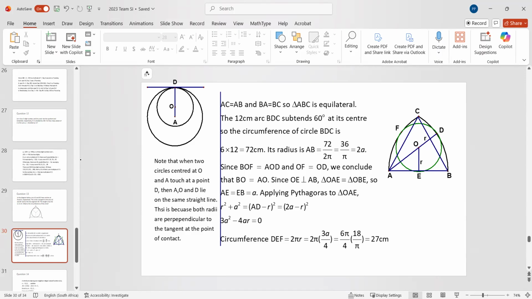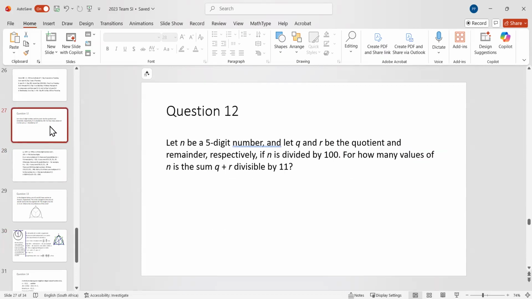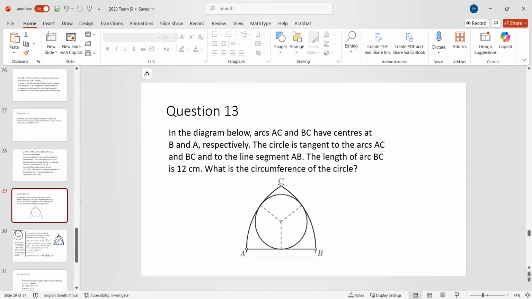Oh, it's 12 centimeters. It wasn't 2. The original, I thought that was 2 centimeters, but it's really 12. I think that's where we went off. Sorry. Oh, the length of the arc is 12, not 2. I was working with 2 all the time. So the answer is really 6 times whatever I've got.